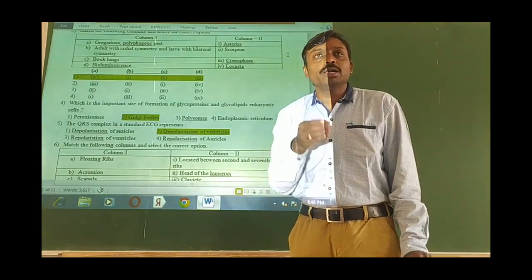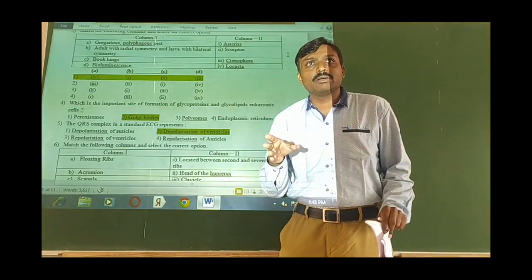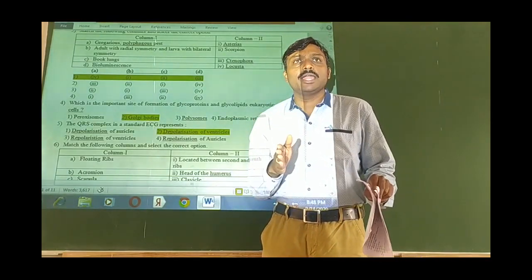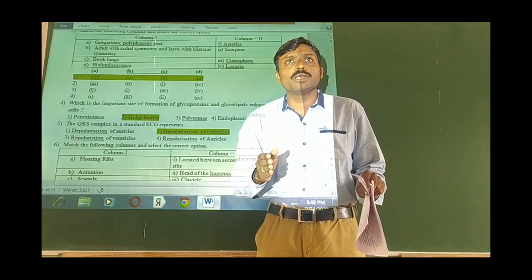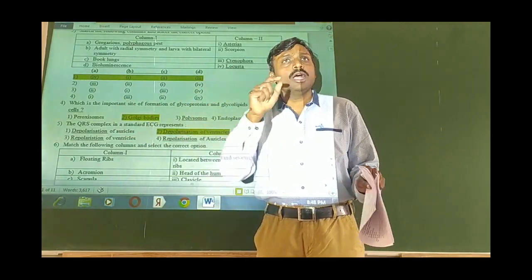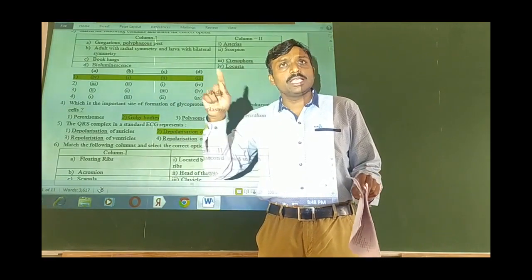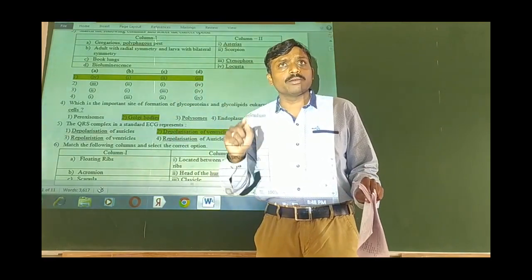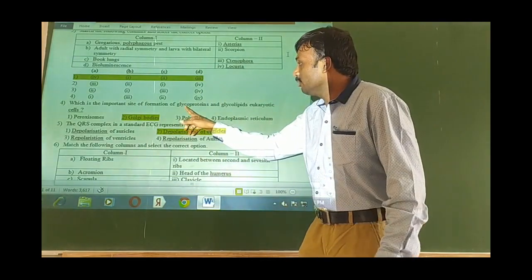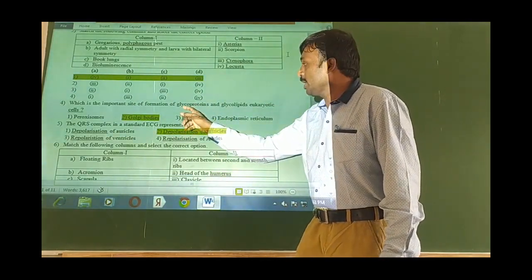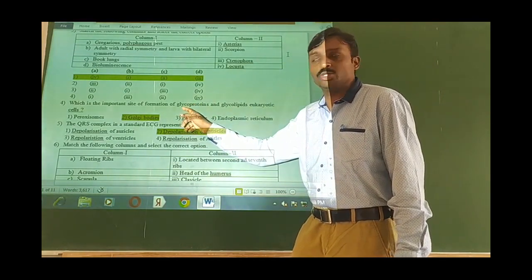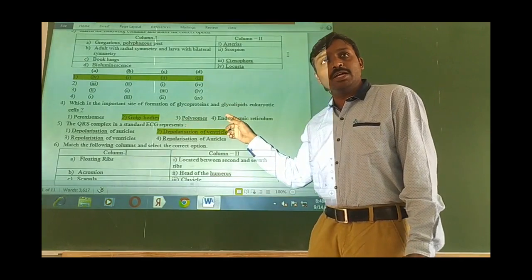But please remember, there is a particularity under endoplasmic reticulum. RER, rough endoplasmic reticulum, synthesizes proteins. SER, smooth endoplasmic reticulum, synthesizes lipids. But here they asked for glycoproteins, proteins along with sugar. Glyco means sugar here: protein along with sugar, and lipid along with sugar.